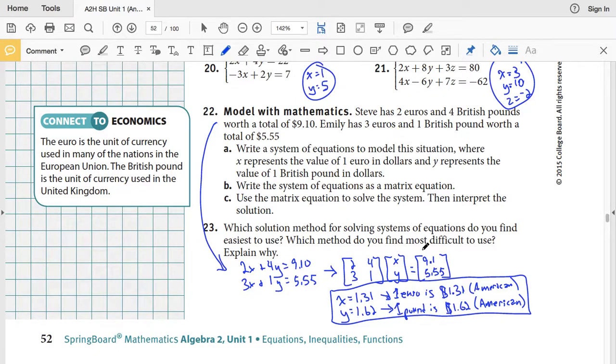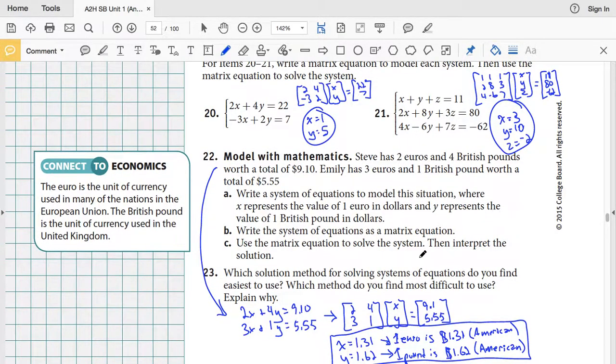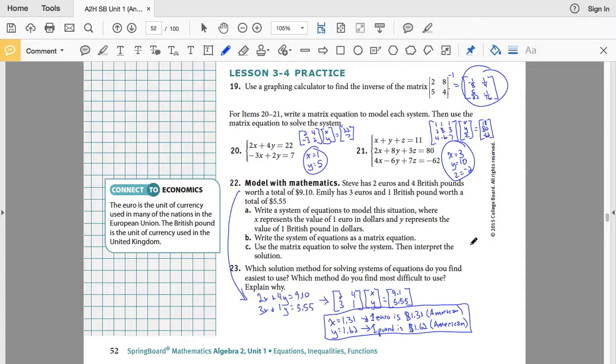But for the most part, it's a combination of both, because you analyze the problem and then use whichever of those two fits the bill. So you can use either in all situations. It's just that, depending on how the equations are set up and what the coefficients are, one will probably be a little bit easier than the other. Anyway, that is it, and let me zoom out a little bit, so these are all of our solutions for lesson 3-4 practice.